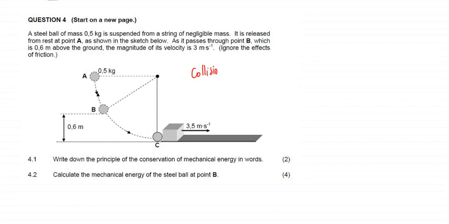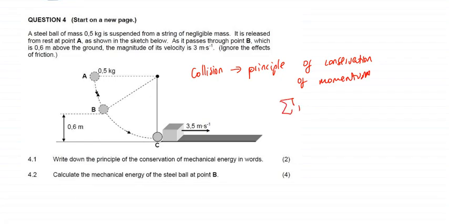And the moment we have a collision, good people, then you must remember the principle of conservation of momentum. How do you use that? You're going to say the sum of momentum before the collision will be equal to the sum of momentum after the collision.